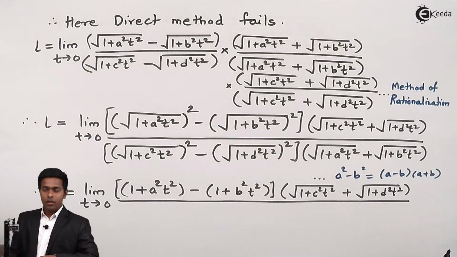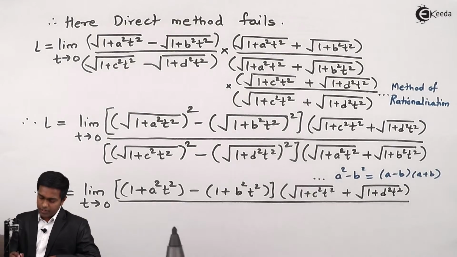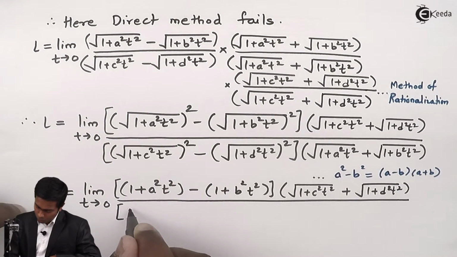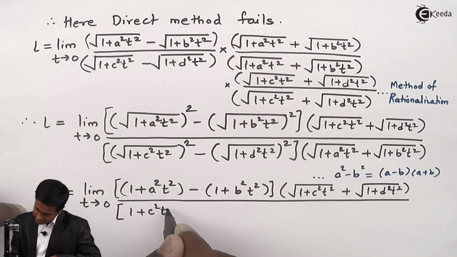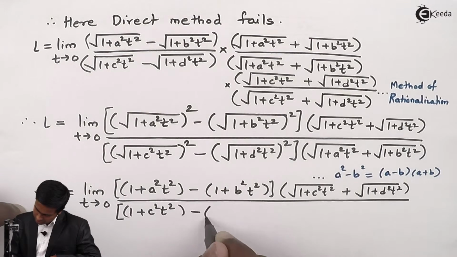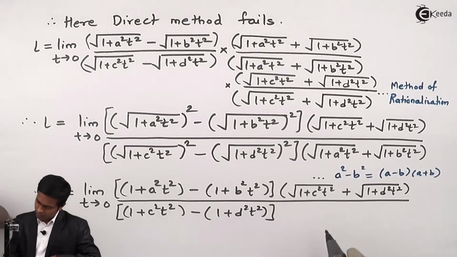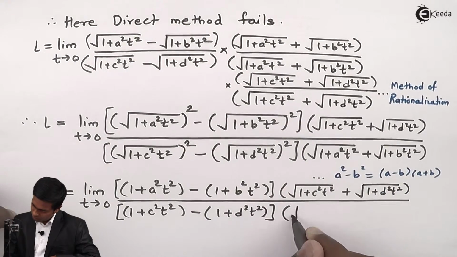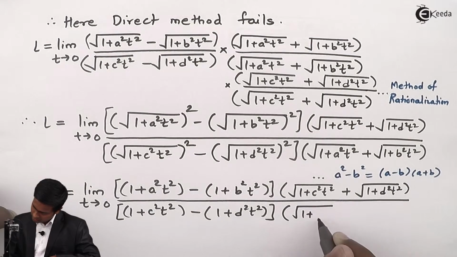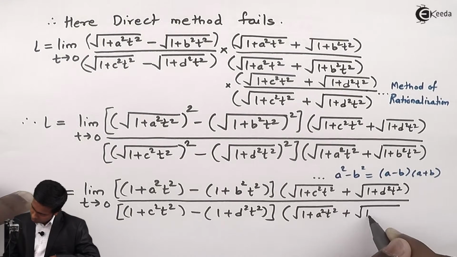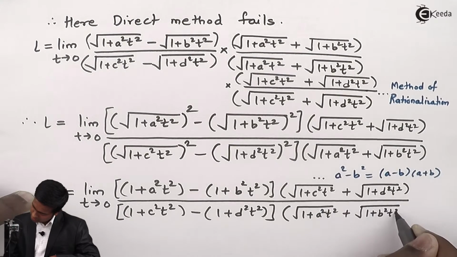Now if you observe the denominator, similarly this square root and square will be removed and we will get 1 plus c square t square minus 1 plus d square t square. Here we will get square root of 1 plus a square t square plus square root of 1 plus b square t square.